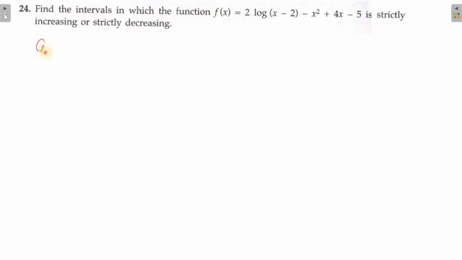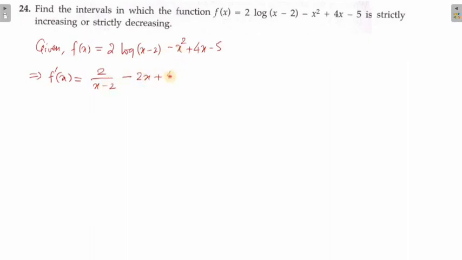Given is f(x) = 2 log(x - 2) base e - x² + 4x - 5. Now let's differentiate this. When you differentiate, you get f'(x) = 2/(x - 2) - 2x + 4.